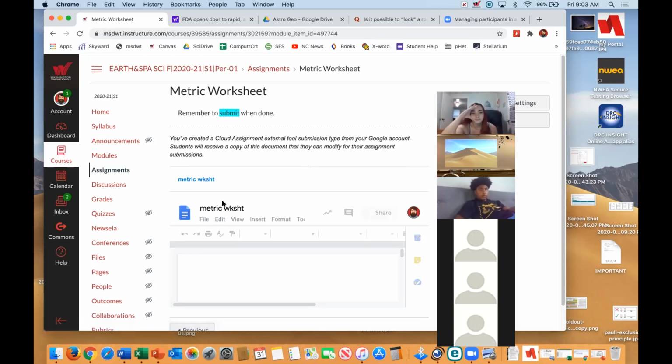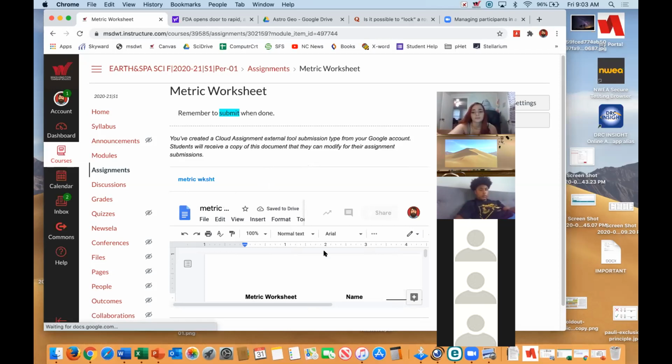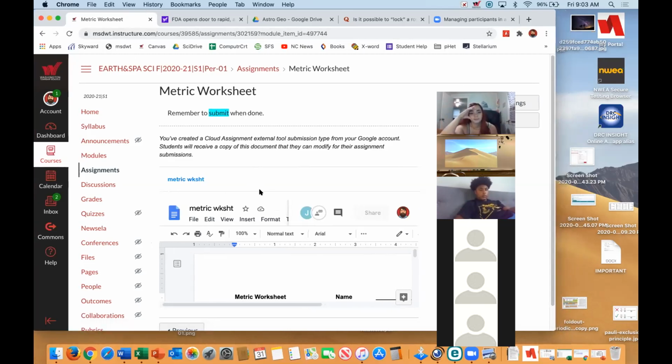Now, you might have a screen that says log in. You might not see what I see, and that's okay. If you see the words log in on your screen, what you're going to have to do is scroll down, and there will be a little button that says authorize.